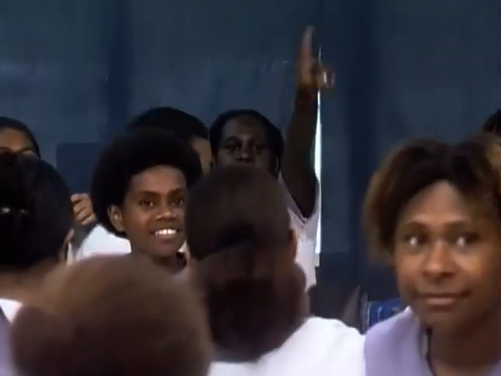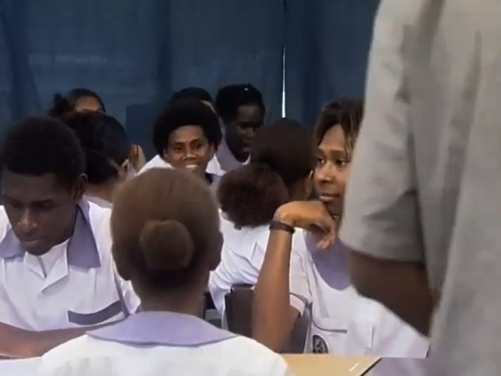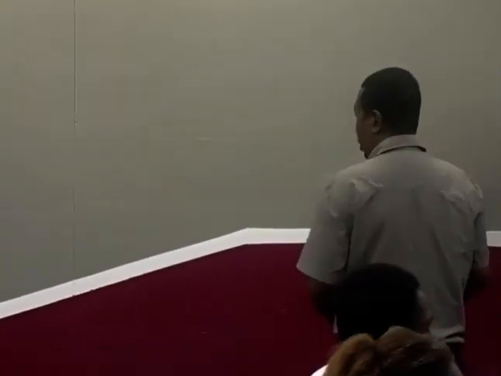Aaron? One revolution. Good. What's the last one? Obtuse angle. Very good. So you all knew all those angles that we have learned in our previous lesson.